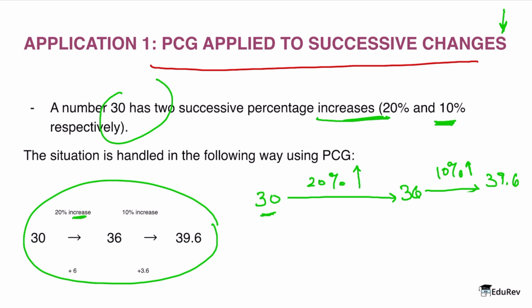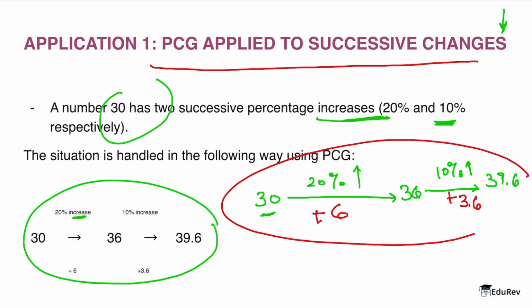So the increment when 30 was increased 20% to make 36 was 6. That is positive 6. Then the increment when 36 was uplifted by 10% to make it 39.6 was what? It is positive 3.6. So this is how you represent it.